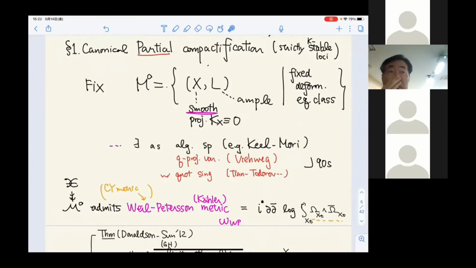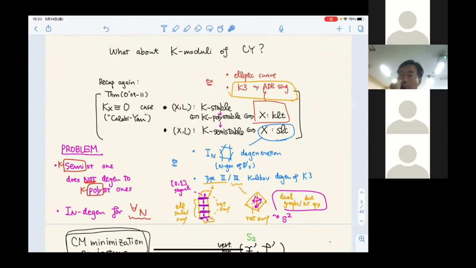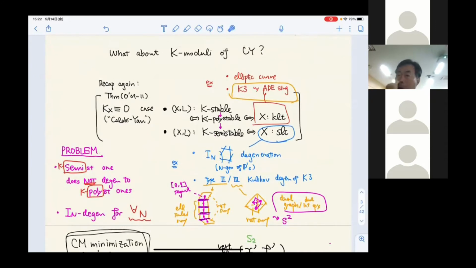So anyway, we want to consider the K-moduli story for the Calabi-Yau case, the K0 case. And as I said, there's an essentially unsolvable problem here, which is a fact. So it's very subtle how to consider the problem.